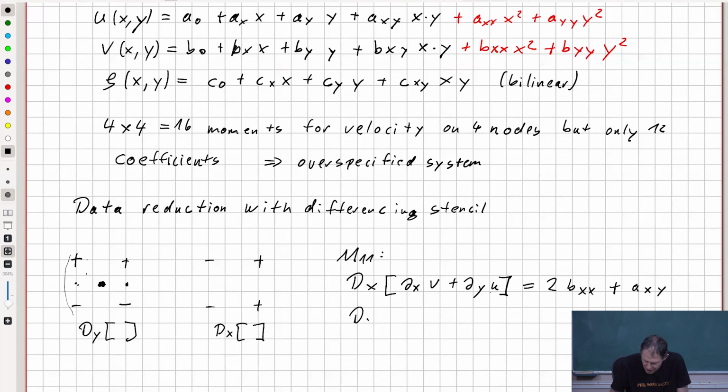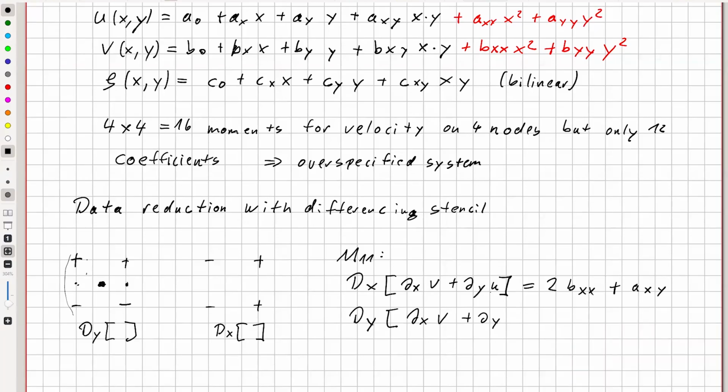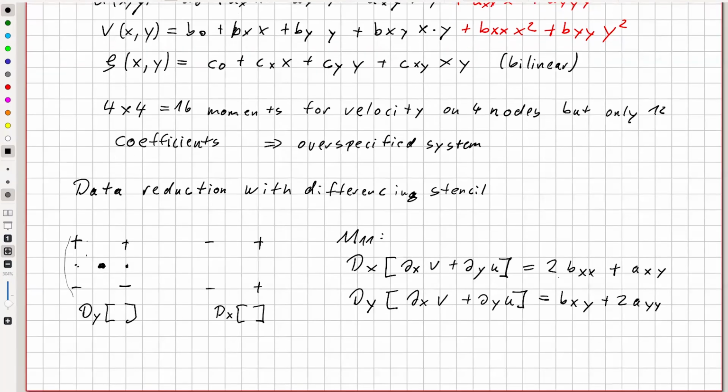And if we take the other one, dx v plus dy u, this gives us b_xy plus 2 a_yy. And we apply the same thing to m20 minus m02.